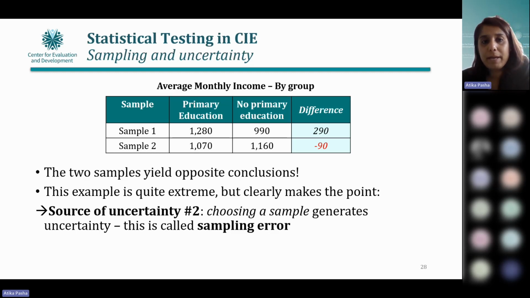So it might be that based on sample 1, again, both randomly selected, you get a difference of 290, while by sample 3, you get a difference of minus 90 units, or that primary education is actually not yielding higher incomes. And basically, this is the second source of uncertainty that we're talking about, which is the choice of a sample that generates potentially a sampling error.